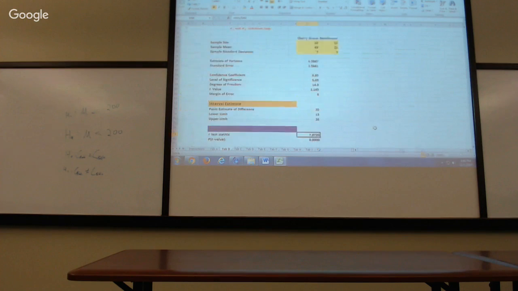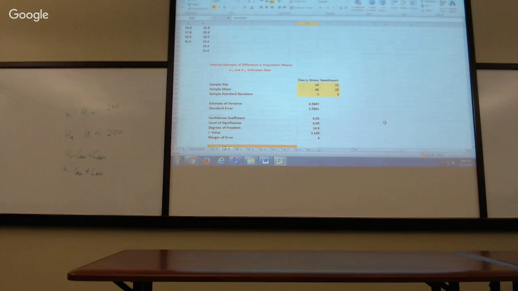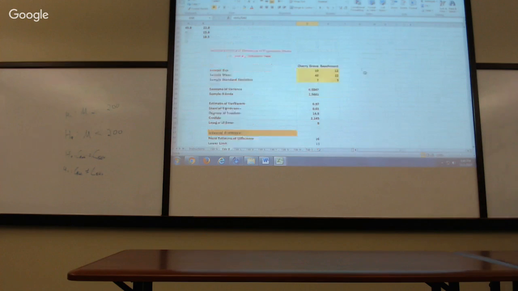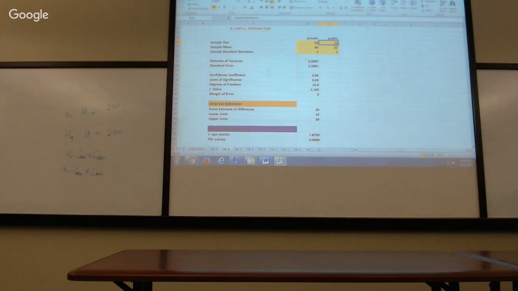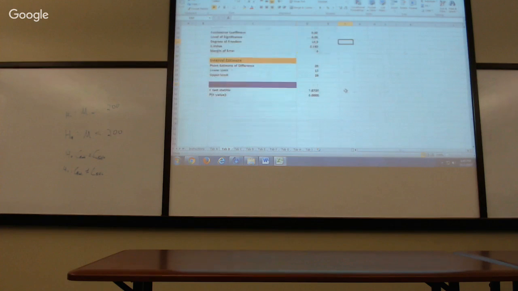So we can either use the template or we can use the calculation. When you're looking at your template, all you really have to do is make sure these are referencing the proper data sets. We can change this from Cherry Grove. This is going to be private. Beechwood, this is going to be public. I'm going to output all this information for you.